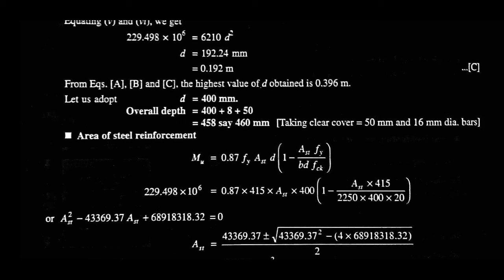Mu is equal to 0.87 fy into Ast into d within bracket 1 minus Ast fy by b d fck.